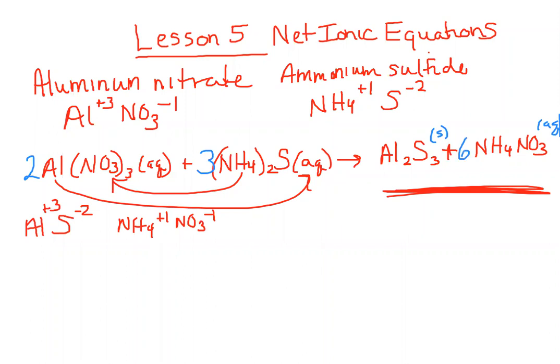So now we got 2 aluminums, we got 6 nitrates, we got 6 nitrates, we got 6 ammoniums, and we got 3 sulfurs. So everything is balanced right here. So when it says write the formula equation, this right here is the formula equation. I'm going to write it a little bit neater.